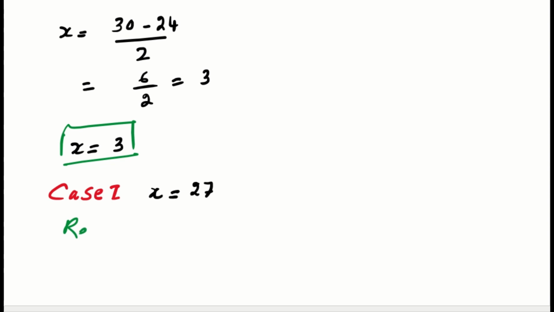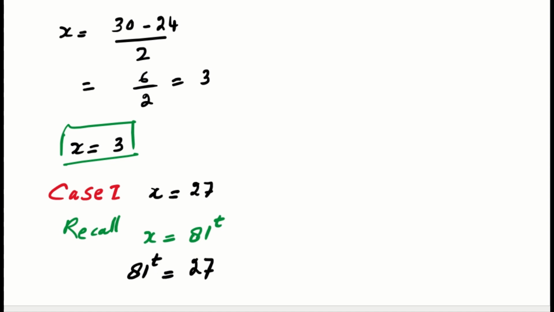So recall that we had substituted x is equal to 81t. So we will plug in the value of 81 for x. So we can write here 81t is equal to 27. Now write 81 and 27 in the powers of 3.